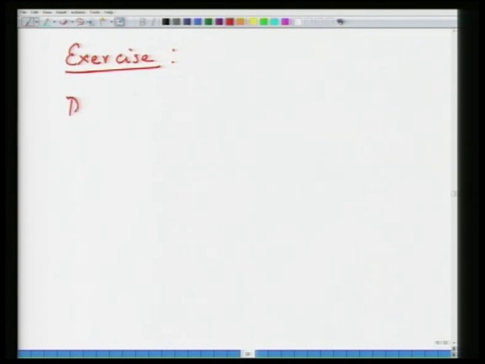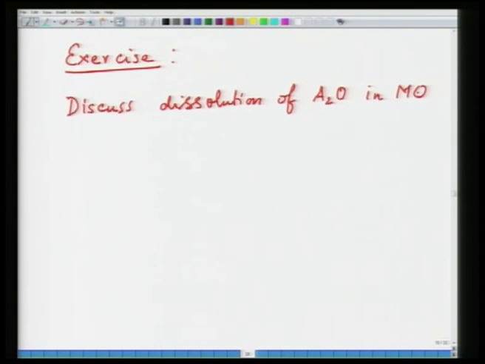you can discuss dissolution of A2O in MO and understand the defect formation.